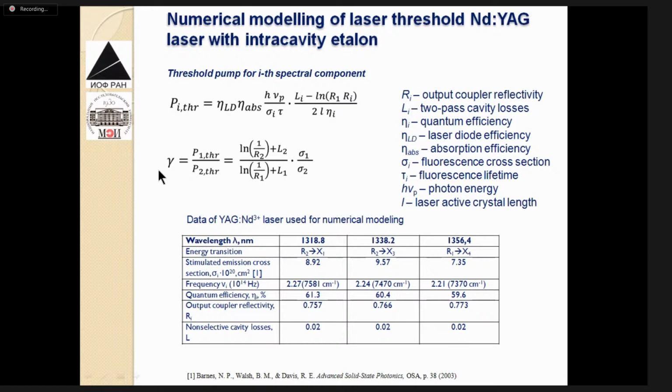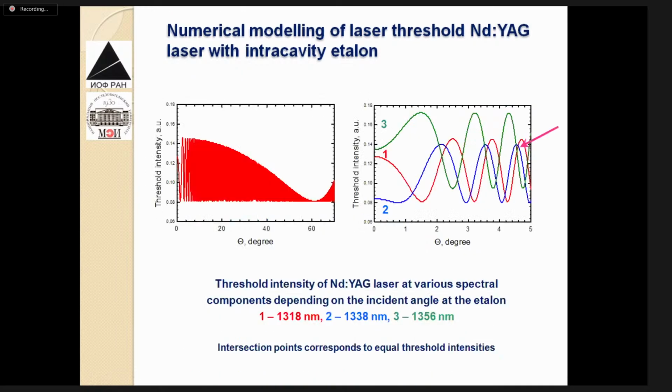Normally, publications that consider numerical modeling for dual wavelength operation compare the threshold intensities at two spectral components. But in our case, we used not a ratio but the difference, as I show in my further slides.